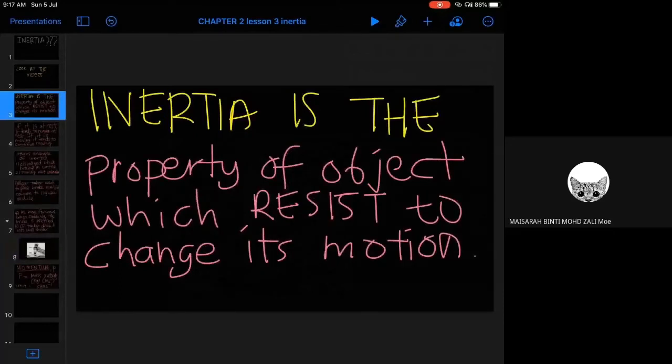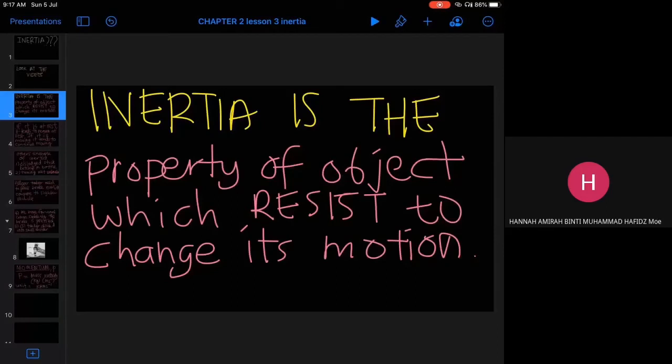So, semua objek ada inertia. Cuma bezanya inertia dia besar atau inertia dia kecil. So, inertia depends on apa? Mass. Yes. Depends on mass. So, the larger the mass, the larger the inertia.